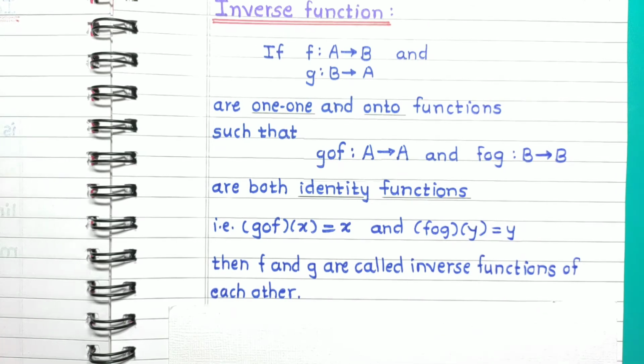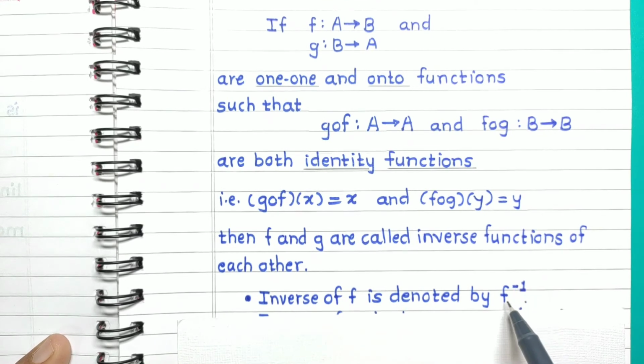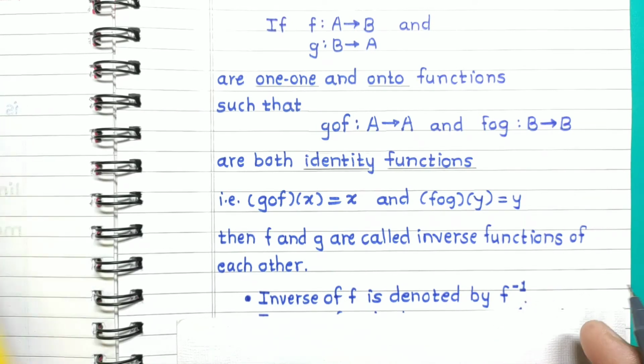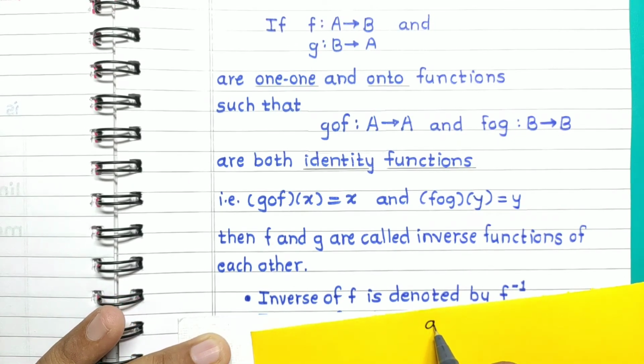The inverse of function f is denoted by f raised to minus 1, and it is read as f inverse. Don't confuse this notation with the rules of indices, where a raised to minus 1 is 1 upon a.